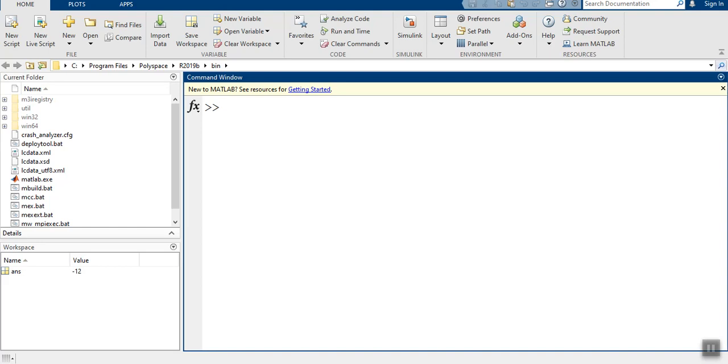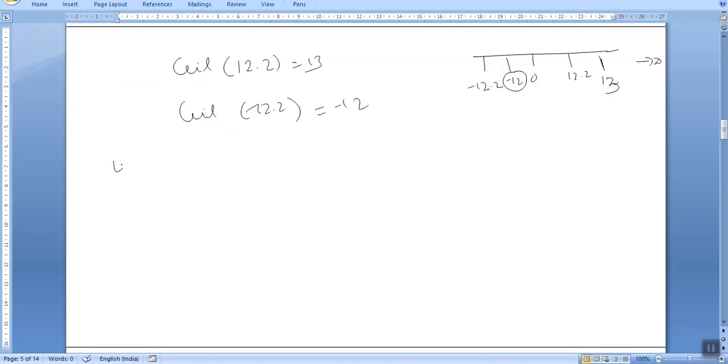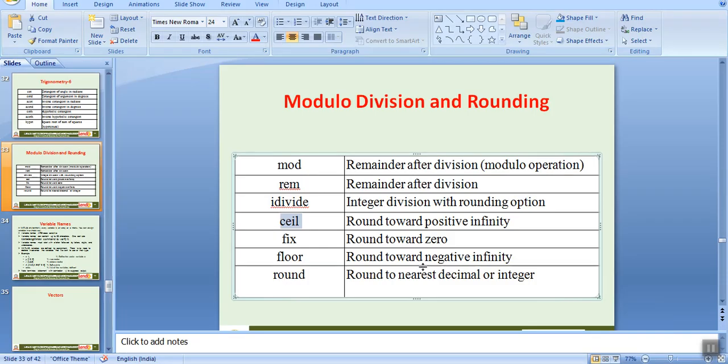Next, the flooring function. The fourth one is the floor function. So rounding towards negative infinity.